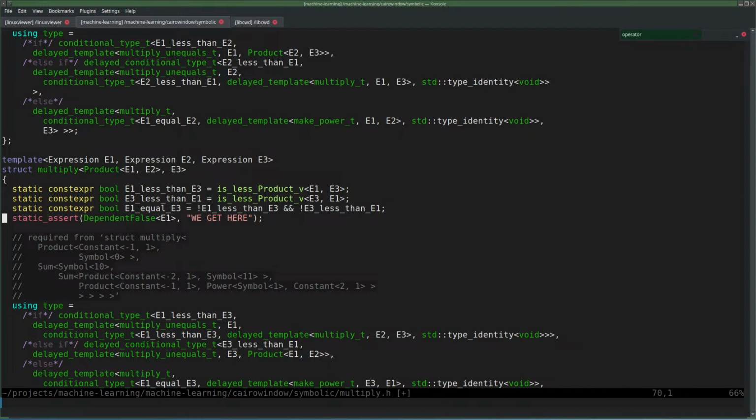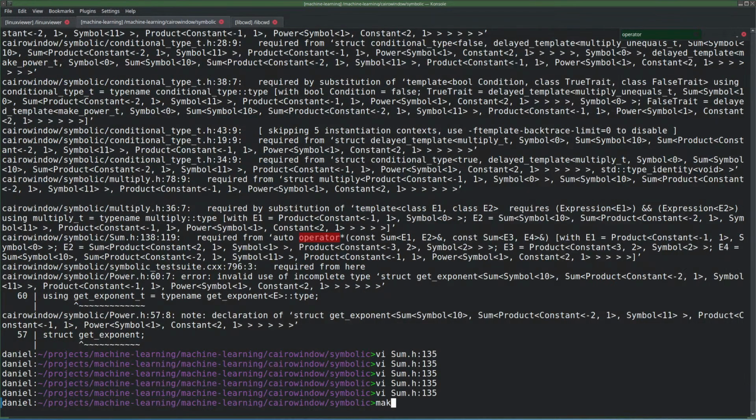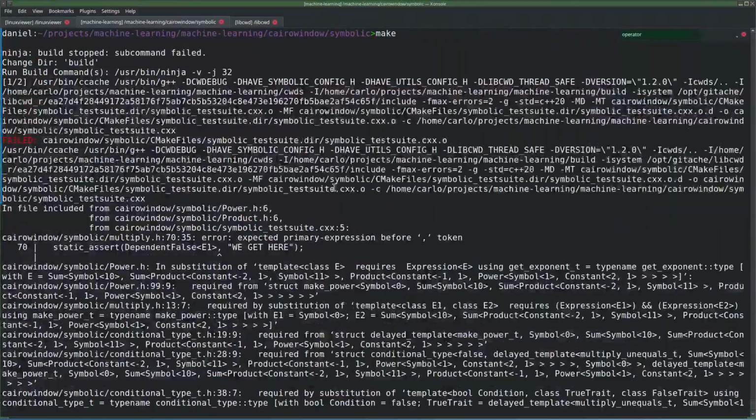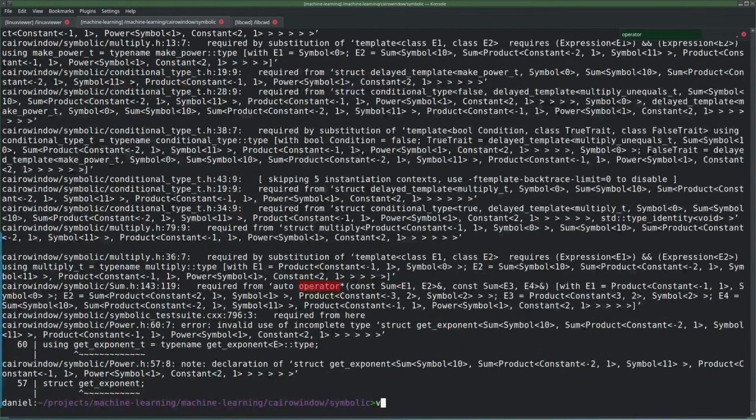Not sure I can put a static assert like that here. If I can, that would be nice. Seems to work. No, it doesn't. Expected primary expression before. Come on.